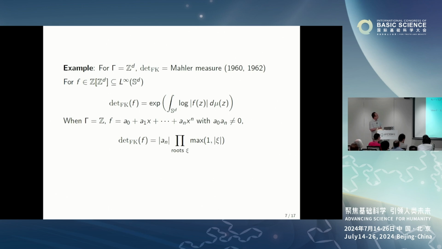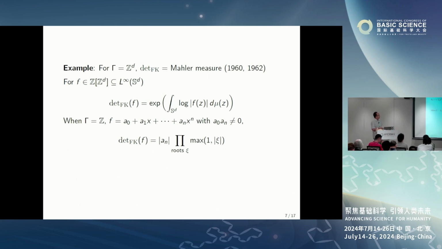In this case, the group ring is simply the Laurent polynomials, so you can multiply by some power of the variable to make it really a polynomial, assuming that the zero coefficient and the leading coefficient are both non-zero. You can do this unless f is 0.